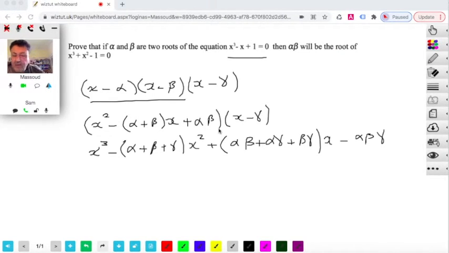This is actually gamma; this is lambda. So we got the three roots, and this pattern we're going to use.